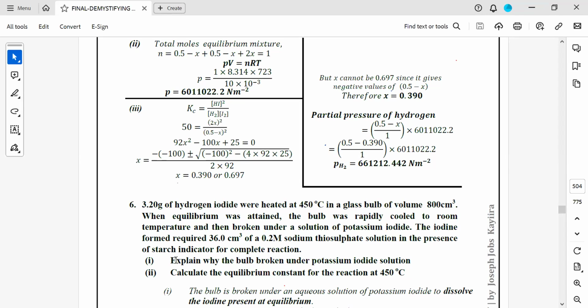Anyone who has an idea? You can post your thoughts in the chat, or you can raise your hand and tell us. Why do you think this bulb was broken in potassium iodide solution?